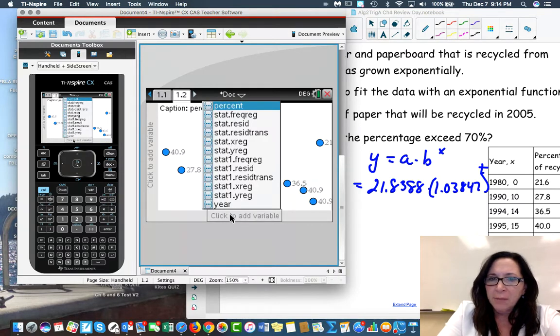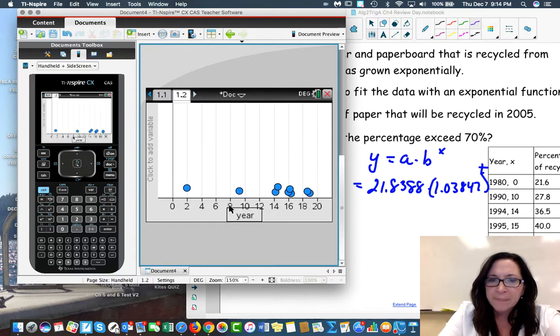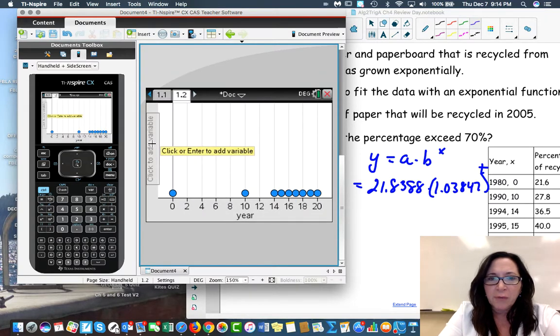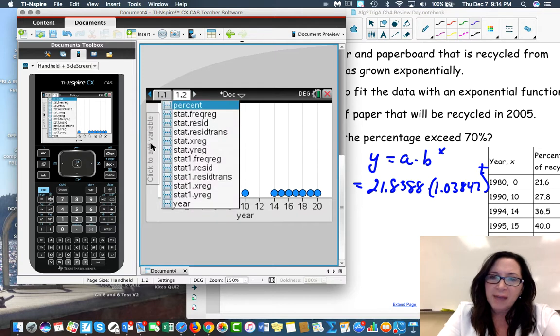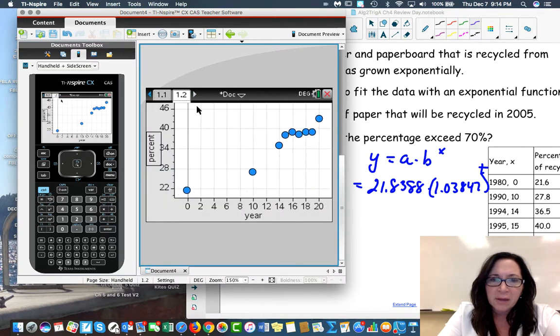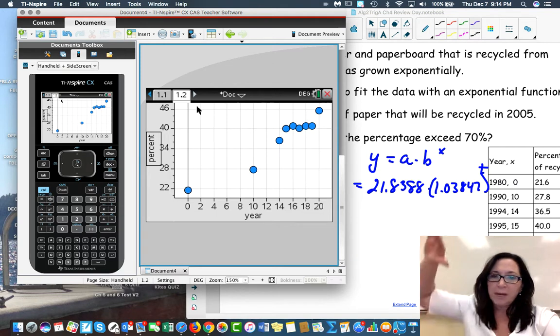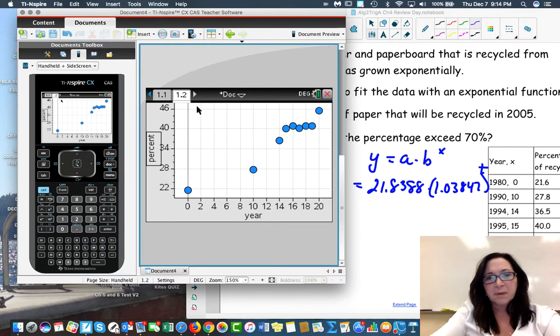Remember, year was my x-axis, and all the little dots are going to go down to year. Then I'm going to click over here where it says click to add the variable. This is going to be percent. And now I've got my exponential scatter plot there and my data in.